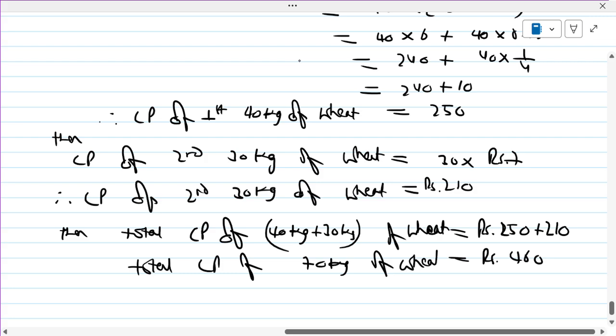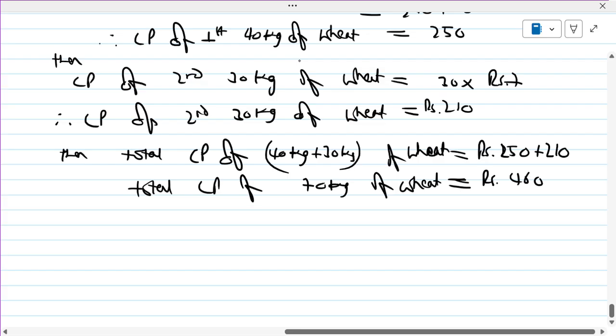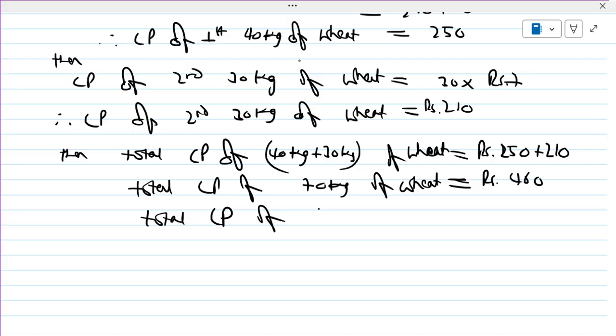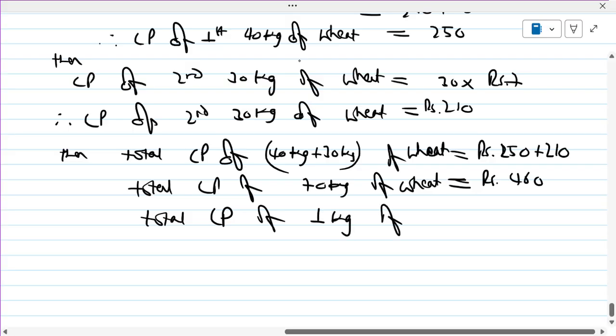So 70 kg of wheat equals 460, is it? And through that we can now find the cost price of 1 kg of wheat, or of the mixture of wheat, you can say.